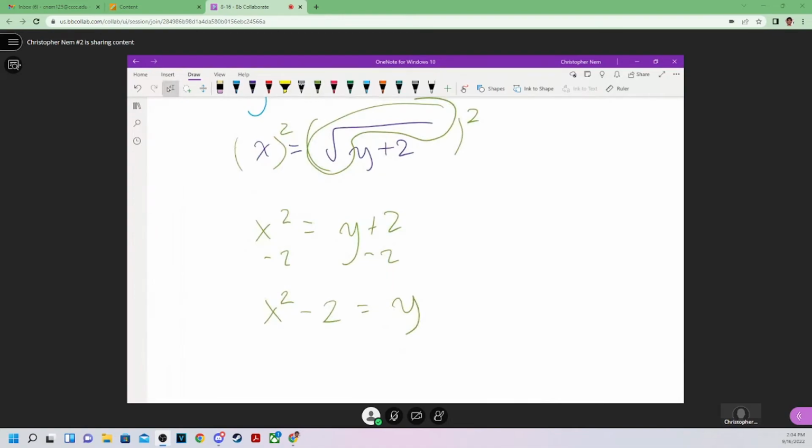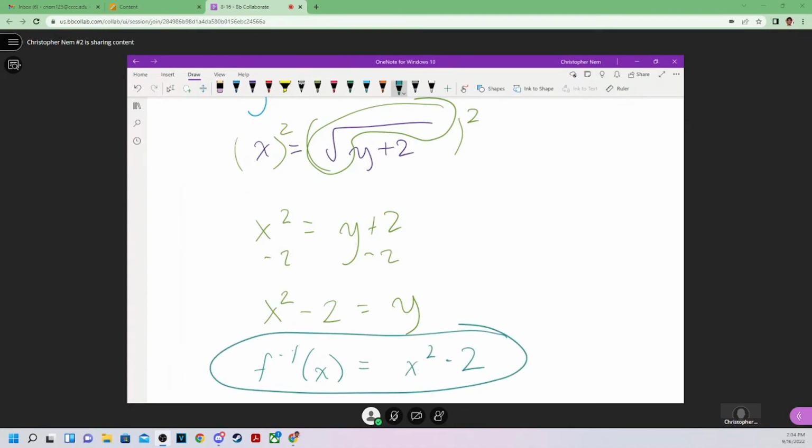Or we can say g inverse of x is equal to x squared minus 2. That's our inverse function. Now, there's a little subtlety that I did not cover, because remember, this is x squared. It's not supposed to be 1-to-1, so we're not supposed to have an inverse. The reason why is that this function, if I drew it out, is supposed to look something like this.